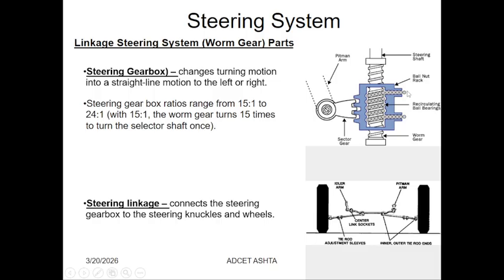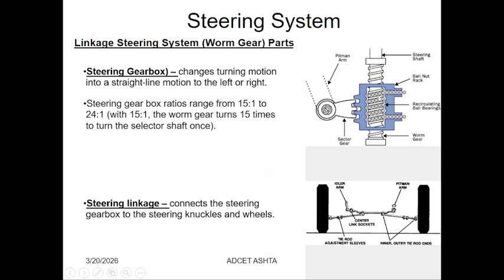The worm gear is also interlocked with the help of the sector gear, and this sector gear is connected to the pitman arm with the help of the link or the screw and nut. The sector gear is connected to the ball and nut rack, and when this ball and nut rack is applied on the worm gear, the circulating ball bearing is also applied.